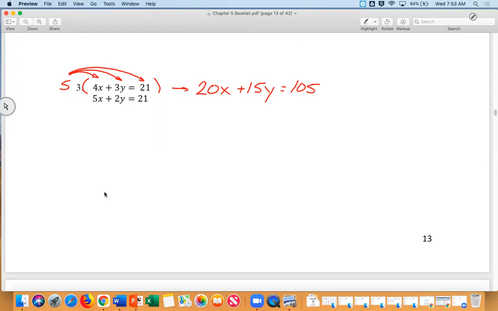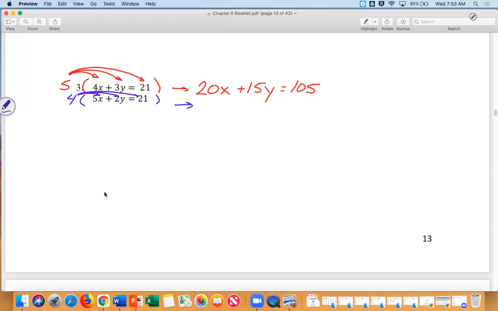And then in the bottom equation, we're going to multiply it by 4. And notice your method still works. We multiplied the top one by 5, the bottom one by 4. The 4 was in front of the x, and the 5 was also in front of the x, but in the opposite equation. So we're going to distribute that.